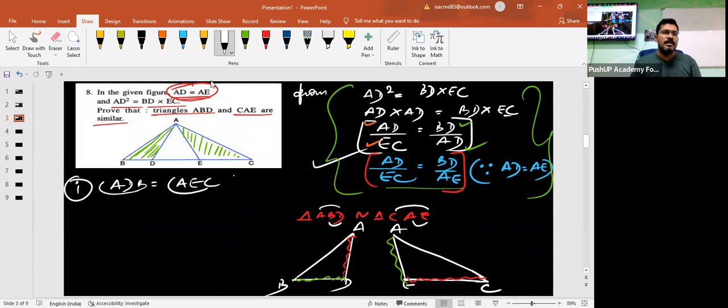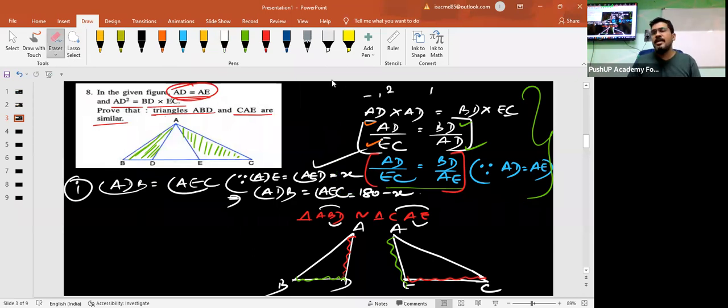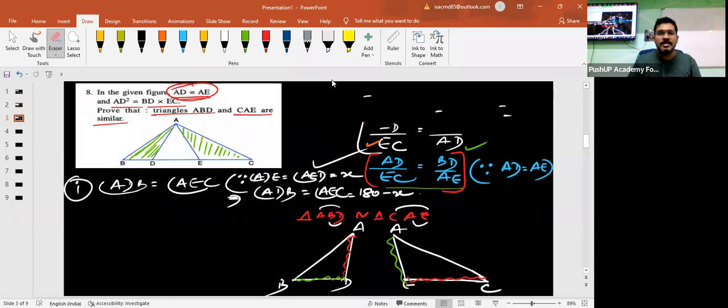And what is the reason? It was already given to you. Angle D is equal to angle X. Therefore, angle ADB is equal to angle AEC. Now, if you really want to show that in the paper, just show this, children. Since angle ADE is equal to angle AED is equal to X, it implies angle ADB is equal to angle AEC is equal to 180 minus X. Just show this in the paper so that your examiner is fully satisfied.